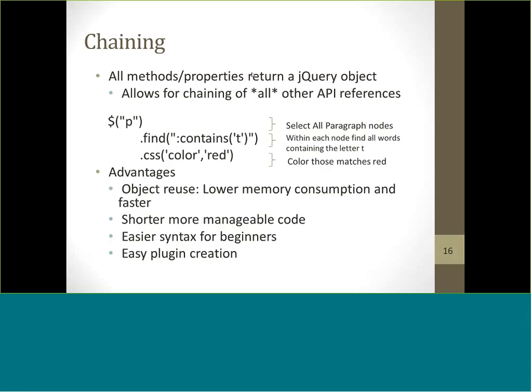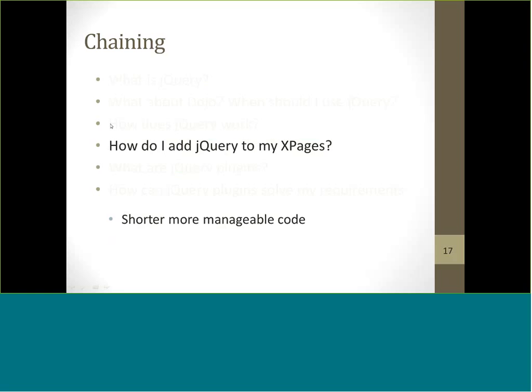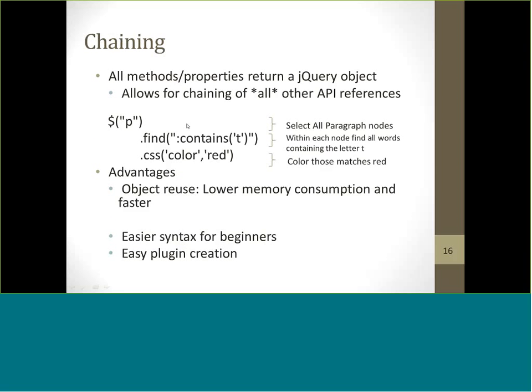So in this particular example, I am going to select every paragraph tag. And within every paragraph tag, I'm going to find a word that contains the letter T, and I'm going to turn it red. And this is one line of code. So this is this dot that dot that.